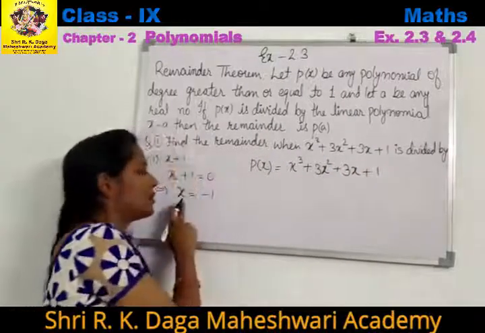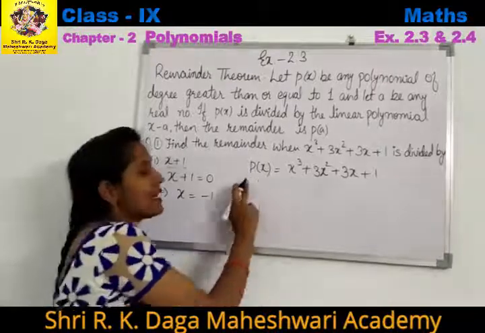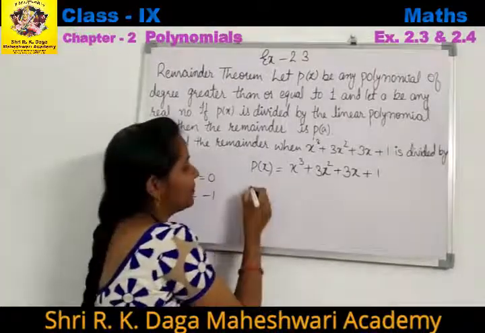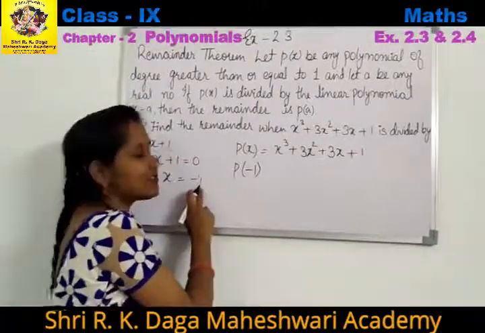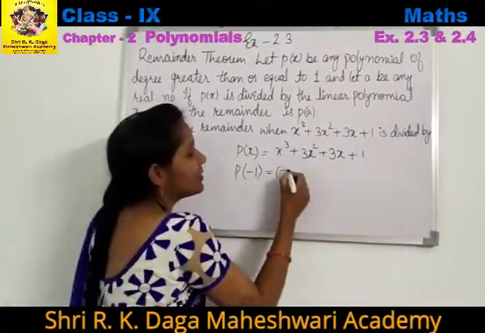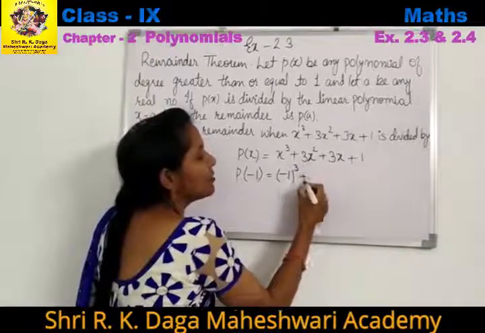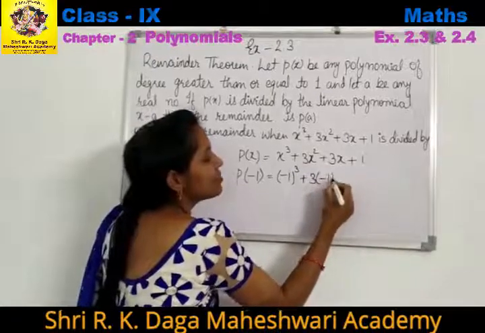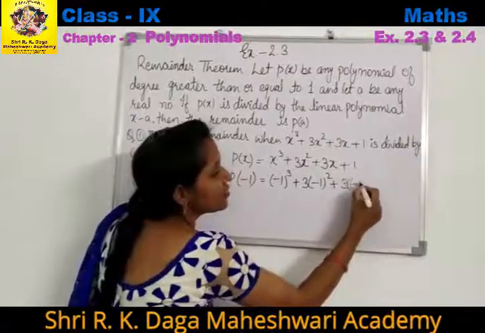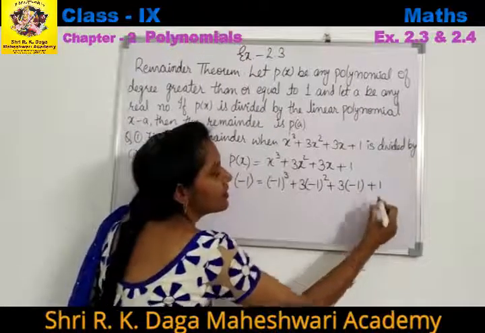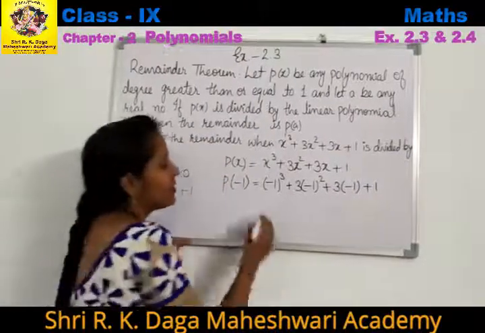Now we will put the value of x, which is minus 1, in this polynomial. We get minus 1 cube plus 3 into minus 1 square plus 3 into minus 1 plus 1.